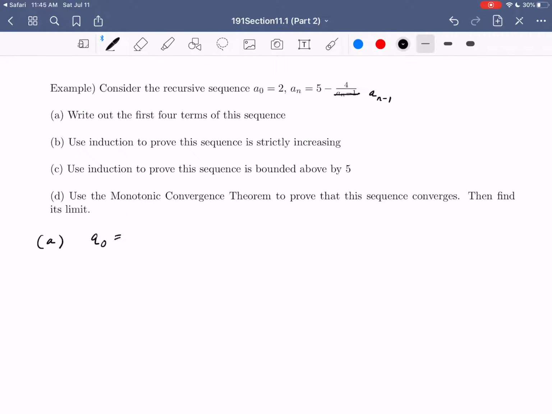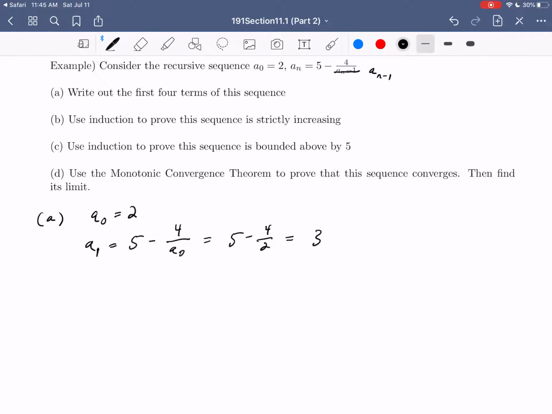A sub 0 is 2. A sub 1 should be 5 minus 4 over a sub 0, which is going to be 5 minus 4 over 2. And then that looks like it's going to be 3. Then a sub 2 is going to be 5 minus 4 over the previous one, a sub 1, which is 5 minus 4 over 3, which I guess if you made common denominators would be 11 thirds.